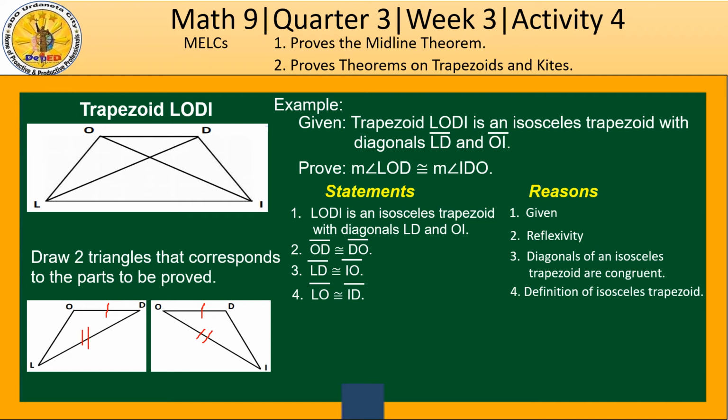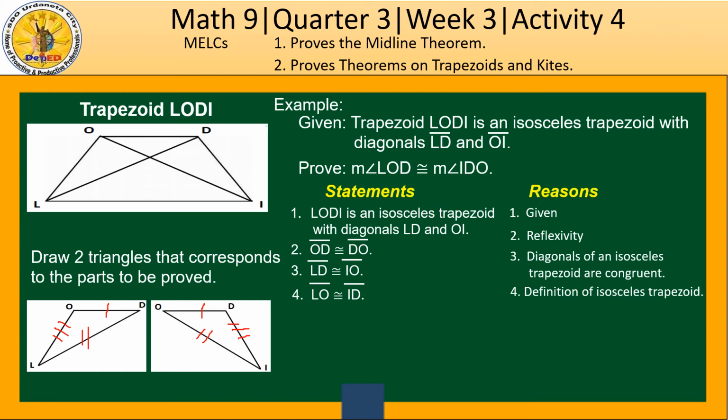By the way, what is the definition of an isosceles trapezoid? An isosceles trapezoid is a trapezoid with two congruent legs. So LO is congruent to ID.